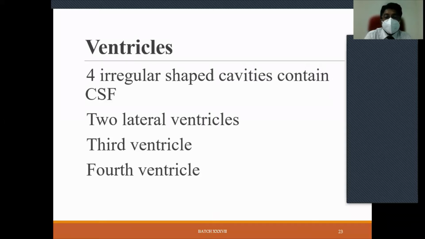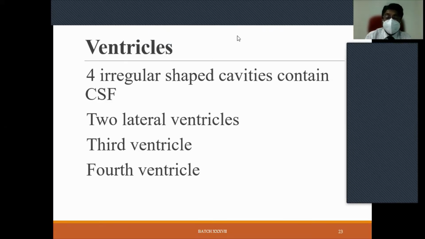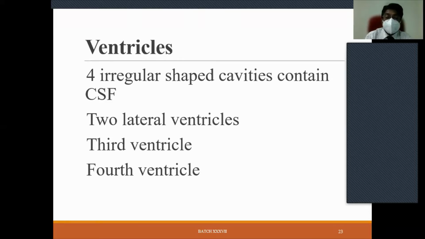So there are four irregular shaped cavities located within the brain. You have seen that in the videos, and they contain a clear fluid called cerebrospinal fluid.